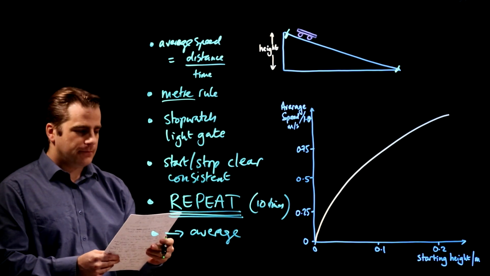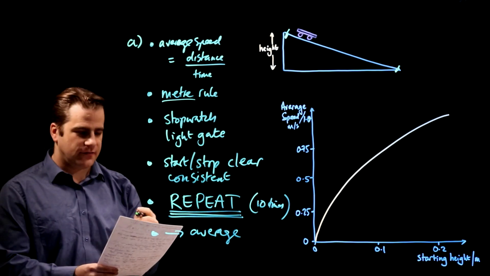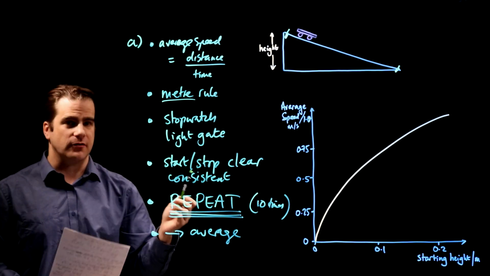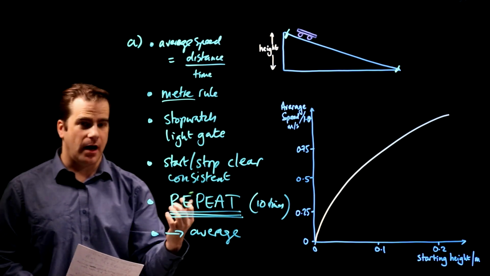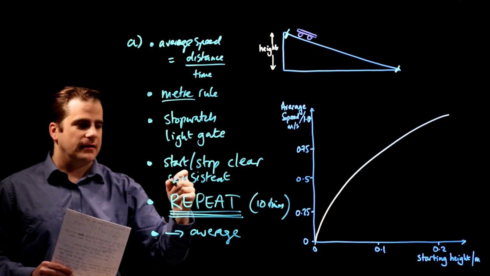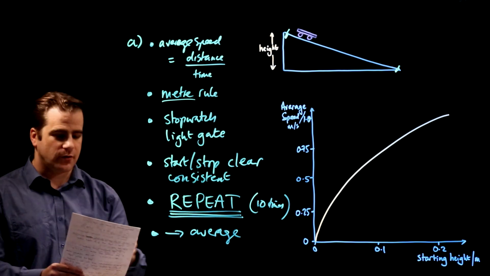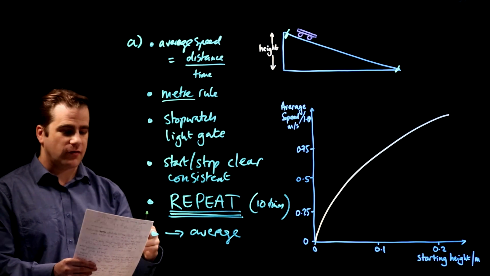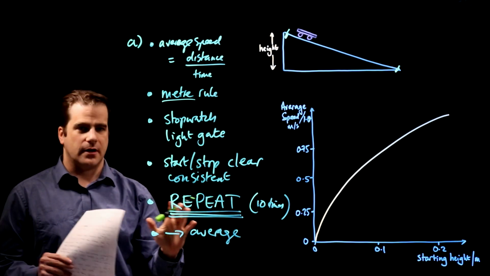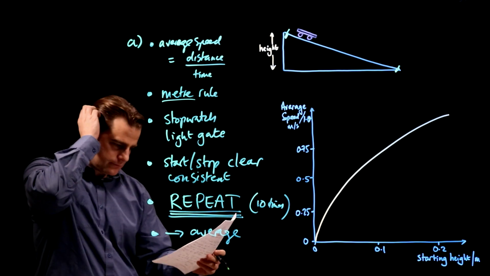Because part A asks for a description of how the student can determine the average speed of the trolley. So you shouldn't really be giving a mark for talking about measuring the height. If you're going to give a mark for measuring the height, then the question should have been something like, describe how the student can carry out the whole experiment. Okay. All right, moan over. Let's get on with it.